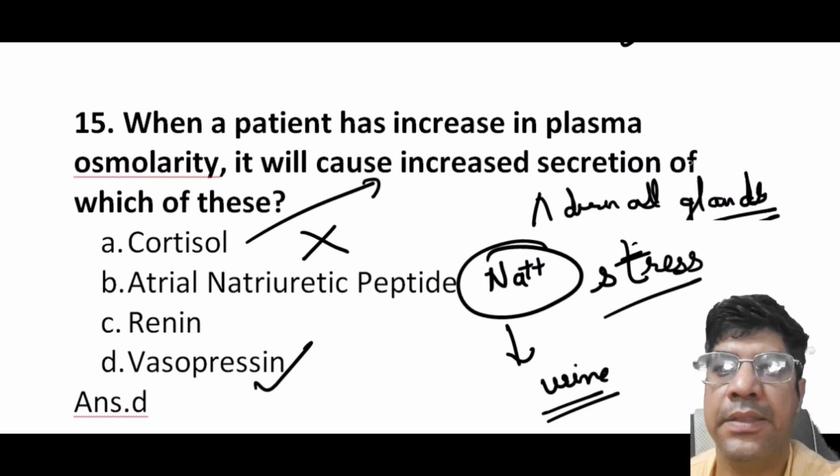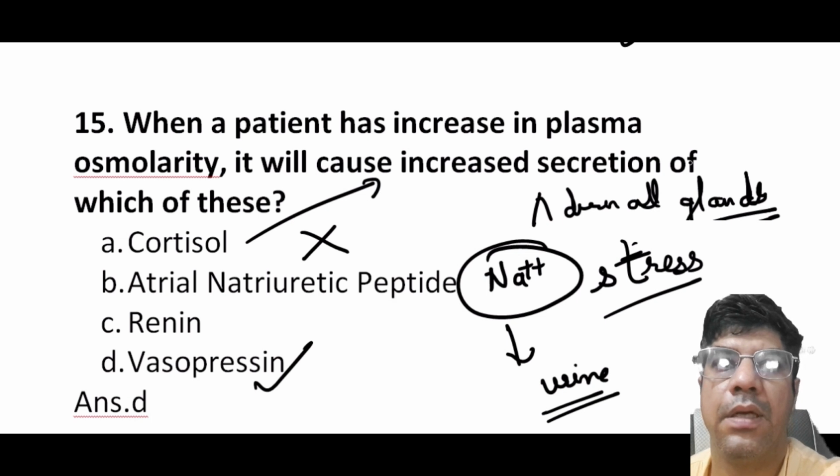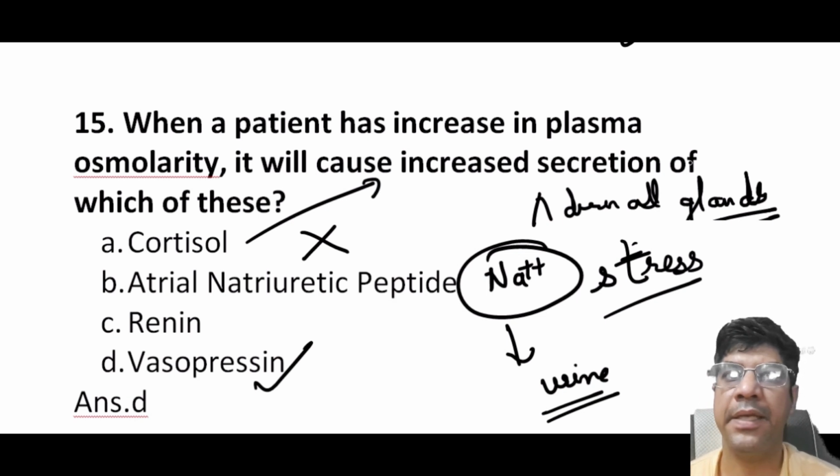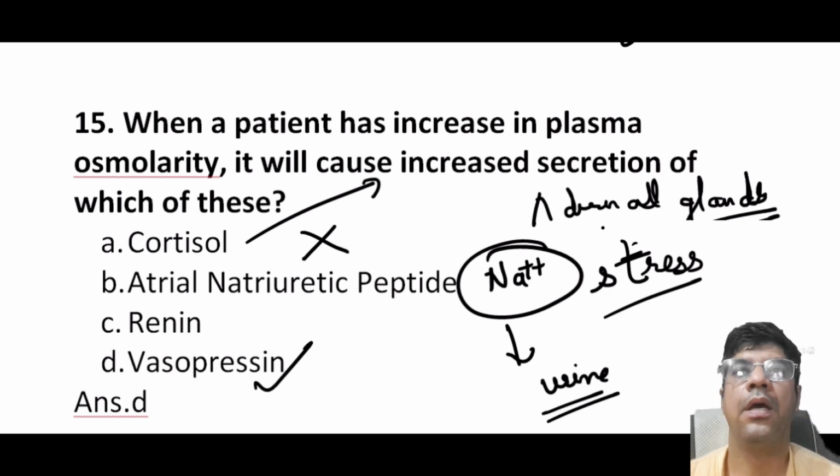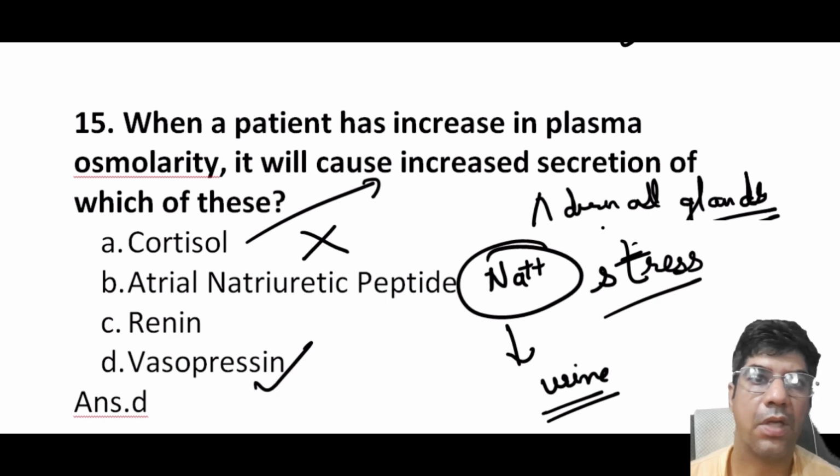Renin is an enzyme that is released by the kidney in response to various stimuli like low blood pressure and low blood volume. Its main role is in the renin-angiotensin-aldosterone system.